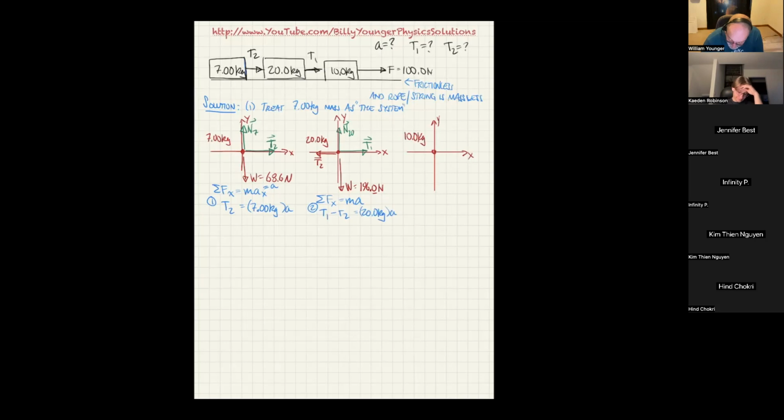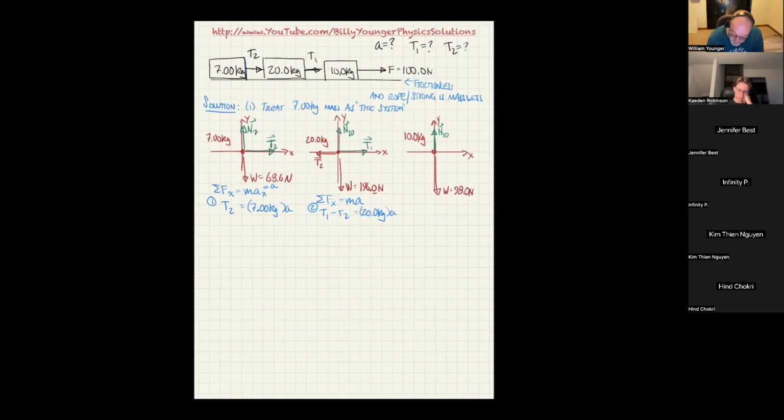I have acting on it a normal force, which again doesn't matter too terribly much to us, but that's going to be called N10. I have a weight acting downward, which is W equals 98.0 newtons.